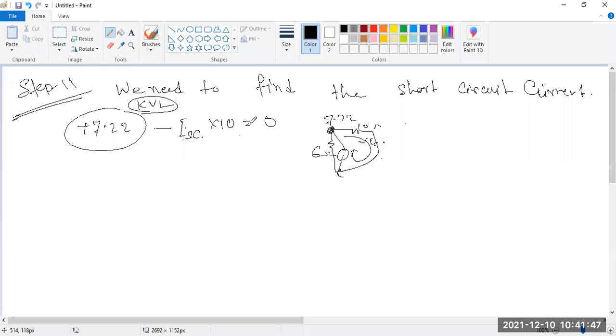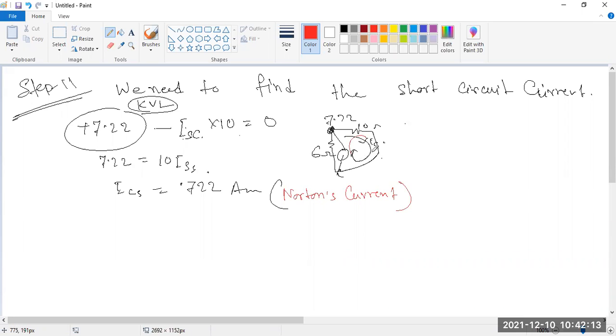ISC, because short circuit, this is the 0. So ISC would be the 7.22 equal to 10 of ISC. So ISC equal to 0.722 ampere. This is also called Norton current. Only this loop. Okay.